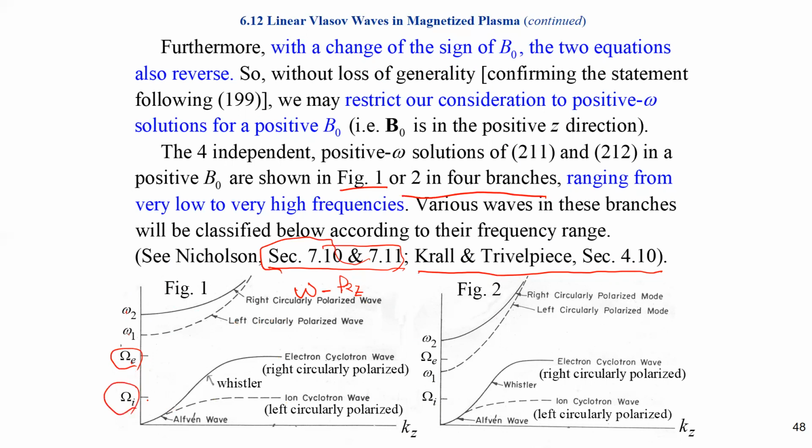Omega I is the cyclotron frequency for the ion. In another example, omega E is here, omega I is here. Omega E is somewhere between these 2 solutions. I will show you quickly. So let's focus on maybe these 2 cases.